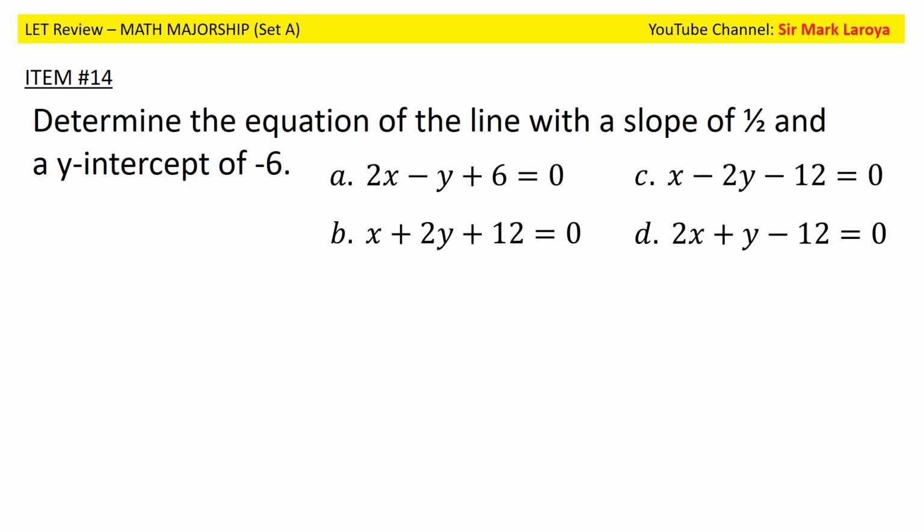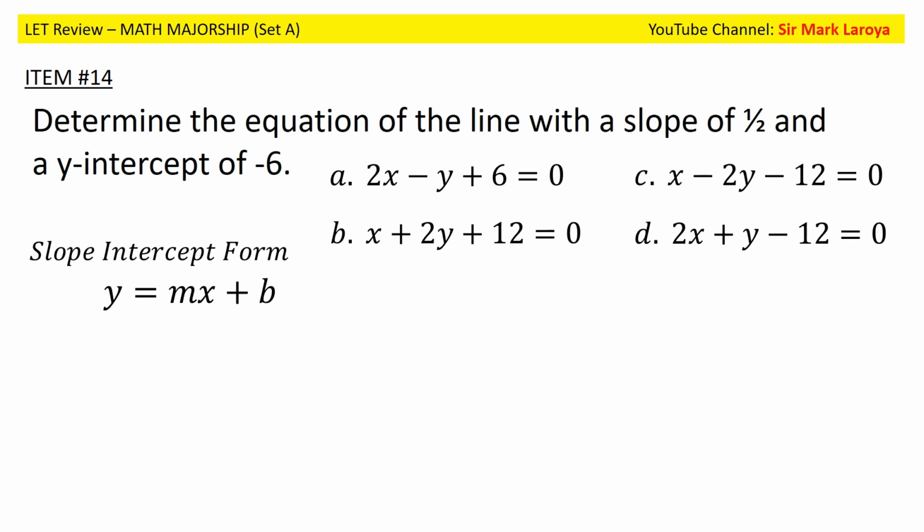Now, since the given here are the slope and y-intercept, so we can use the slope-intercept form, which is y equals mx plus b, where m is the slope and b is your y-intercept. However, base sa mga given choices natin, lahat sila ay naka-general form.